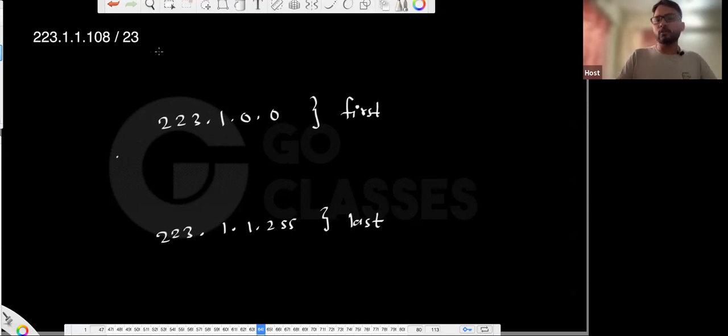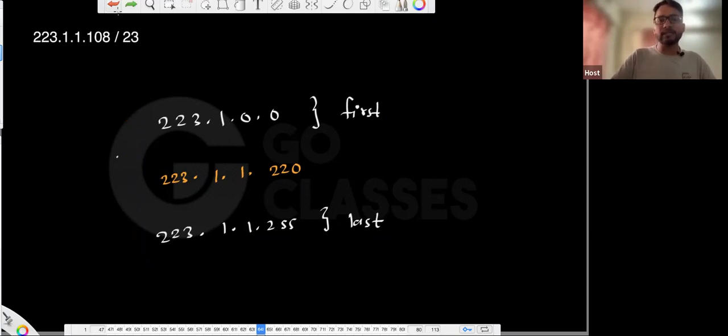Given this, you can find the first and last address. Now let me take some other address in this range. Can you give me any address? Maybe 223.1.1.220 with /23. Basically, what I'm saying is that you take any address in this range and you can represent this as a network.